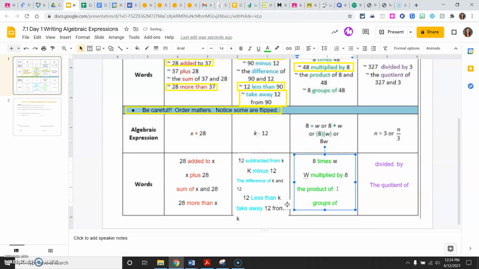The product of, and that just stays in the order it was given, 8 and w. And then lastly, we're going to have 8 groups of w.